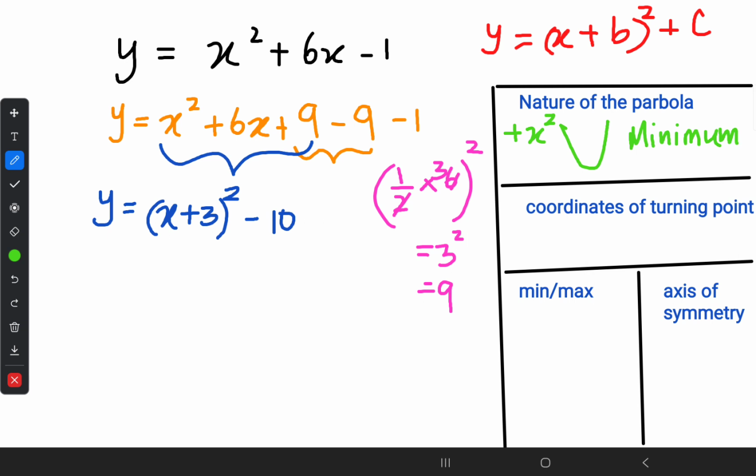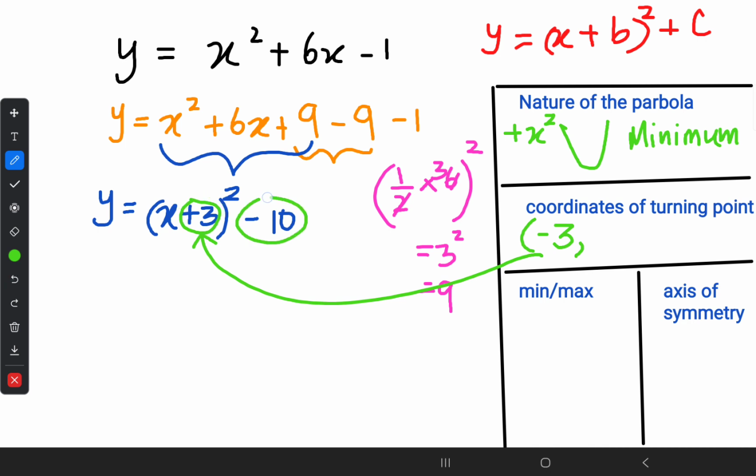Thereafter, coordinates of turning point. That is also a simple one. Inside the x plus a particular number square, you have to make the opposite direction of the pre-existing direction of the particular number. Since already it is positive 3, while you are writing the coordinate, it is not positive 3 anymore. It should be converted to negative 3. If there is a positive 3, it will become negative 3. If there is a negative 3 here, it will become a positive 3.